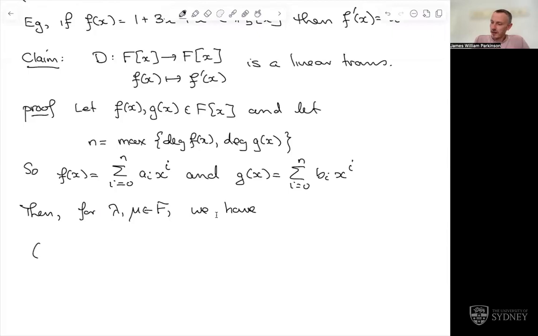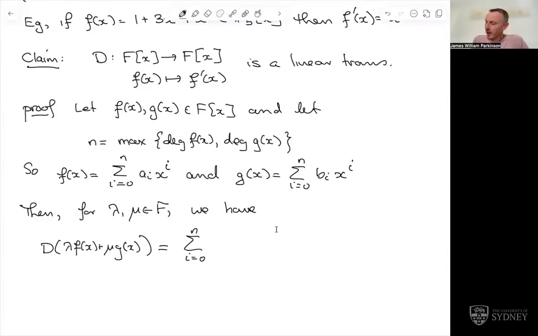I've called it D. Sorry, that's better, use the capital D. Capital D of lambda f of x plus mu g of x equals, so by its formula, it's the sum from i equals 0 to n minus 1, I guess.